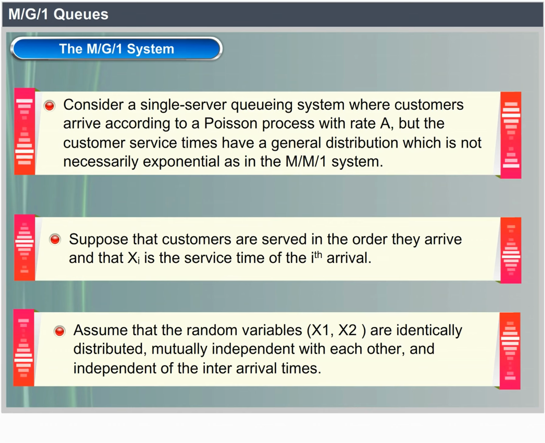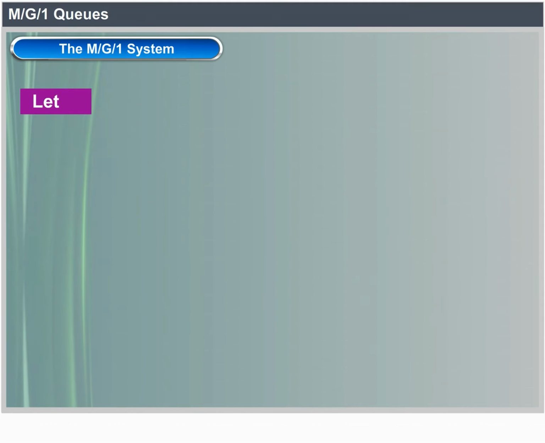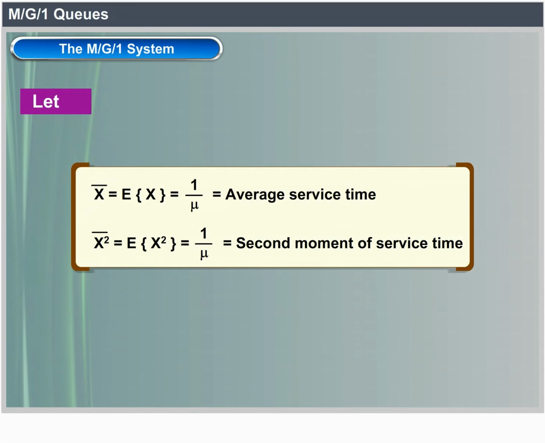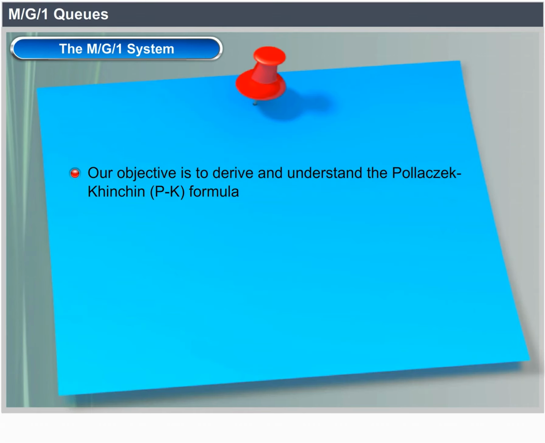Let X bar equal E of X equal 1 by mu equal the average service time. Let X square bar equal E of X square equal the second moment of the service time. Our objective is to derive and understand the Pollaczek-Khinchin (P-K) formula.